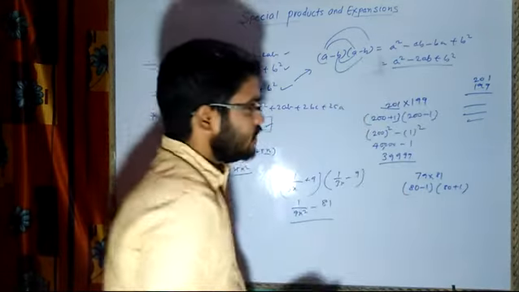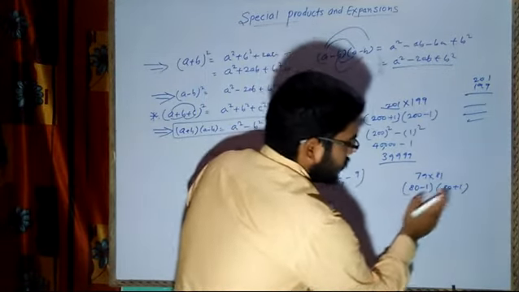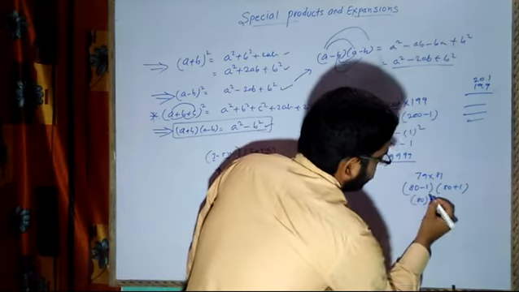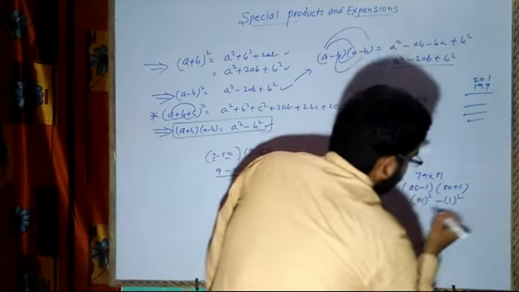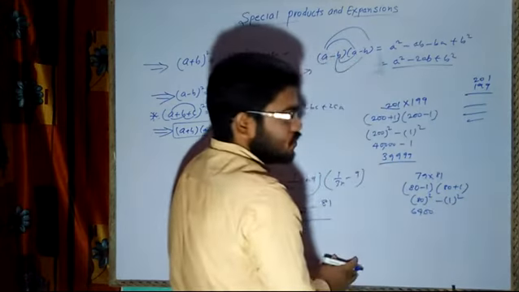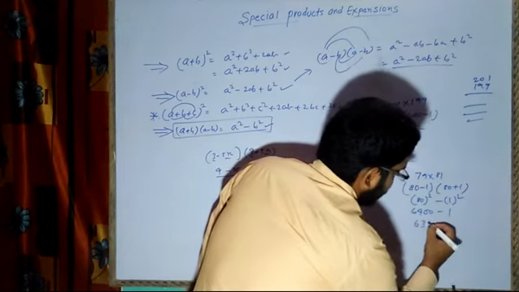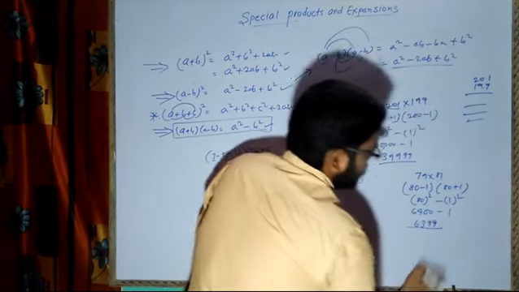Yes or no? 80 minus 1 is 79, 80 plus 1 is 81. So 80 square minus 1 square. 8 square is 64, 1 zero is there, so I have to write 2 zeros. Then minus of 1, so 6399. It is very easy like this.